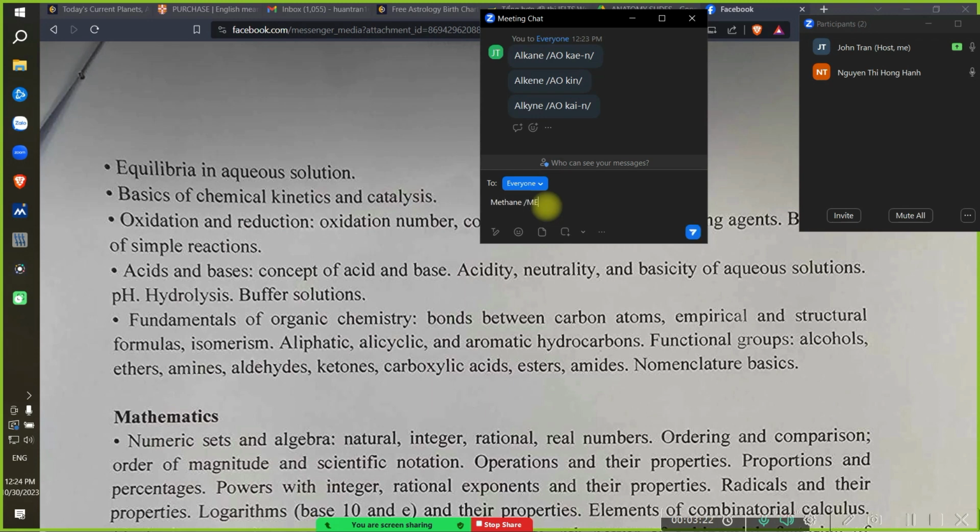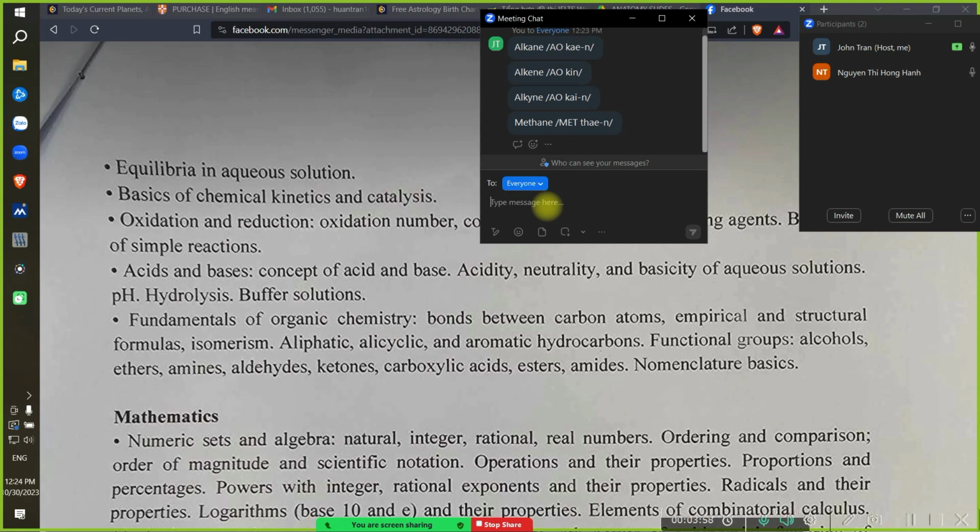When we write down its formula, we can see that there is just a single bond. And what about C2H4?